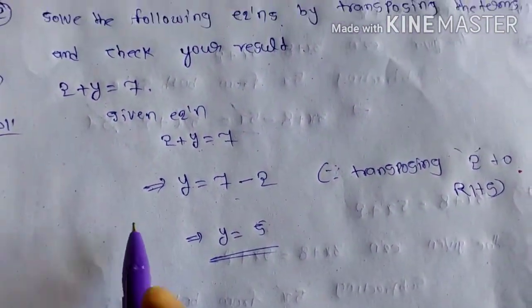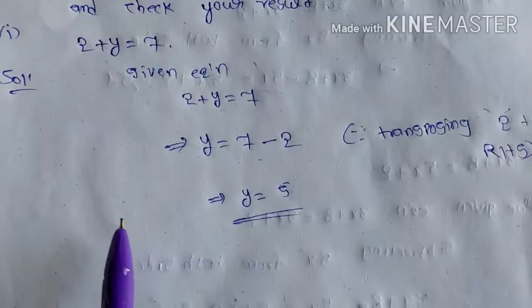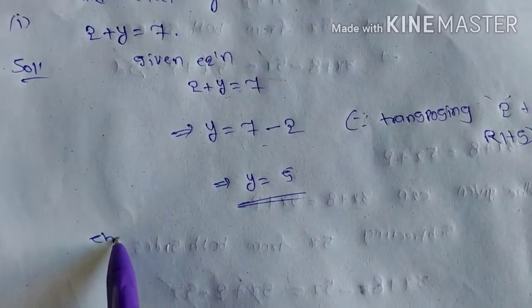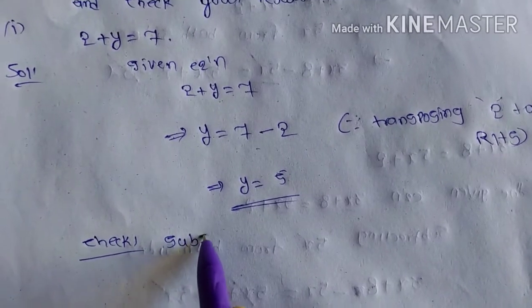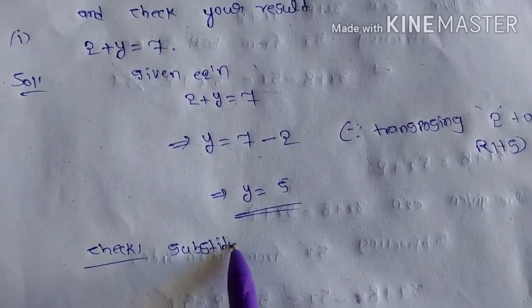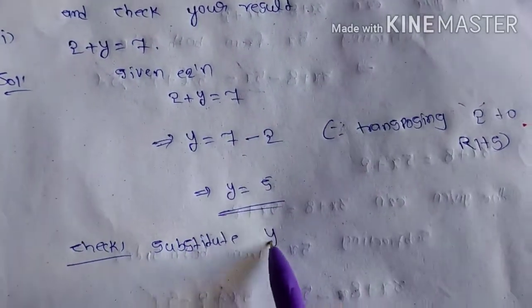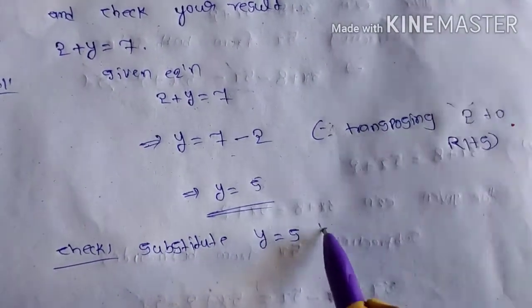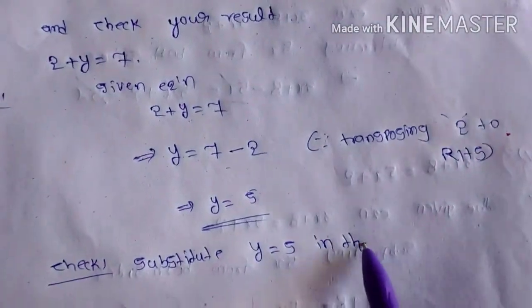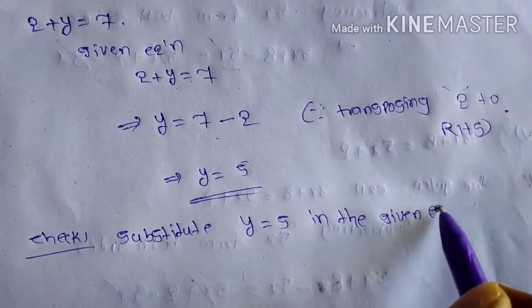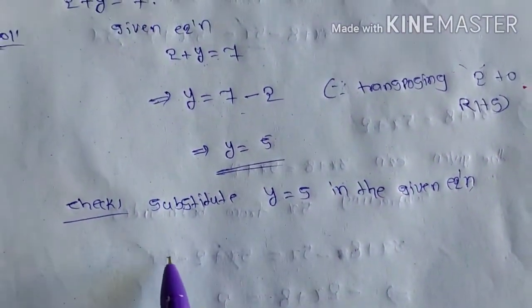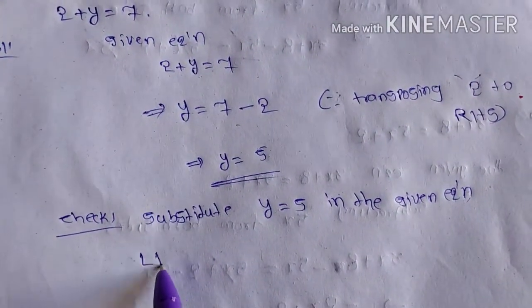See here, in the question they are asking to check your result. See here, check. That means substitute y is equal to 5 in the given equation. In the given equation, see here, LHS value is how much?